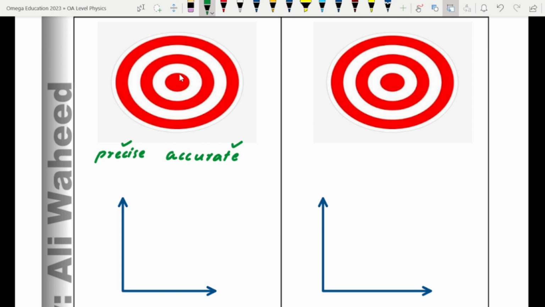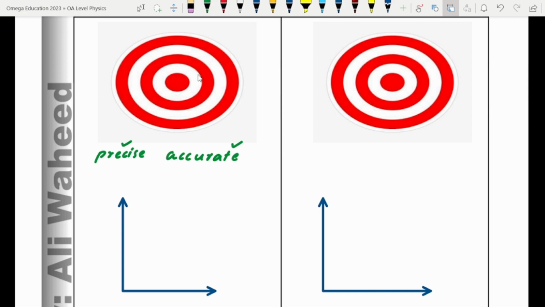So for example, let's say this is the true value, or this is the target, this is the exact value that you should be achieving from the measurements.